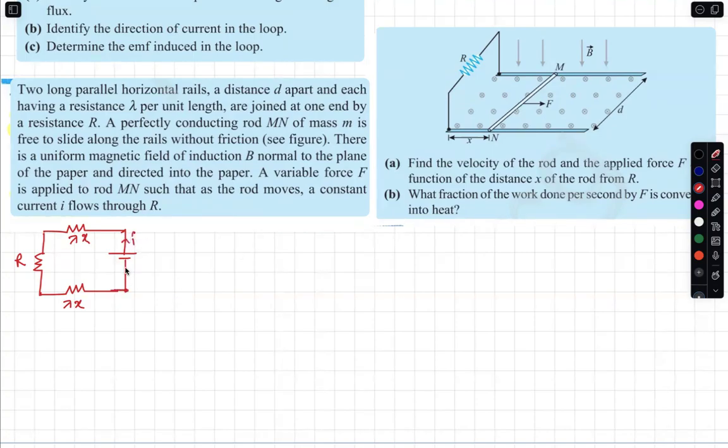You are applying some force here. Everything is the same. Right. Now the current goes like this and parallel to this, you will have one more force.